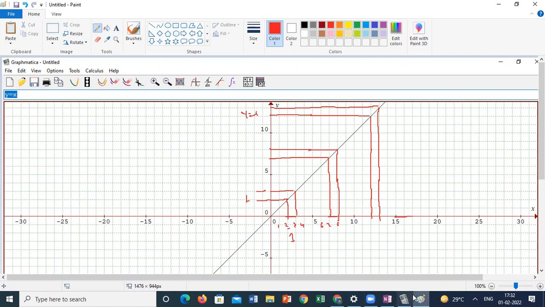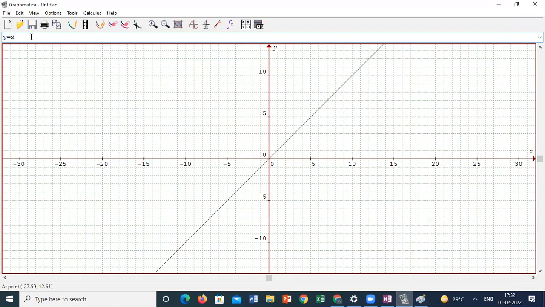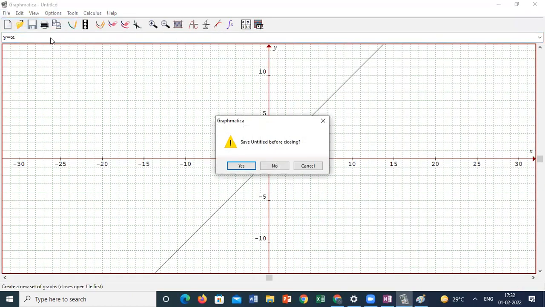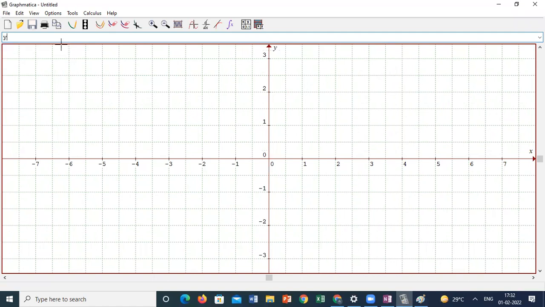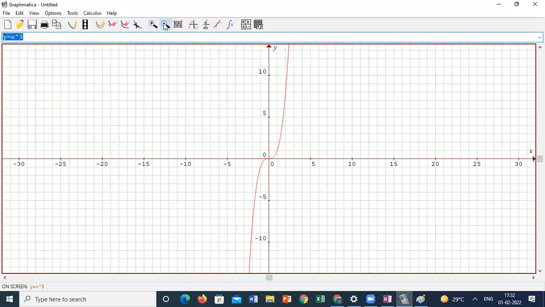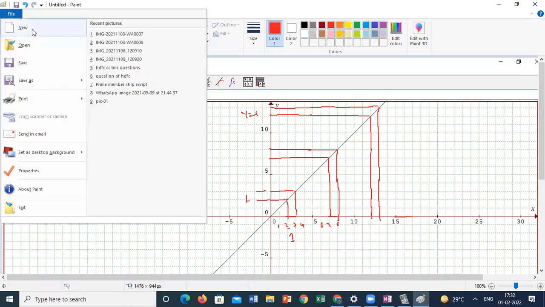Suppose for the same idea I take the x square function, or rather the x cube function, for example. Y is equal to x power 3. See this function, I'm zooming out for understanding purposes. In this case, it won't work like that.